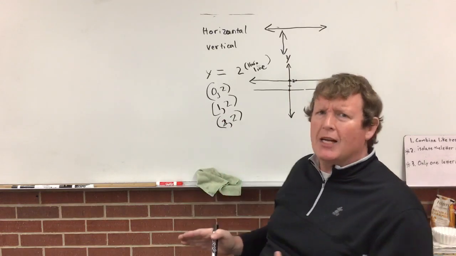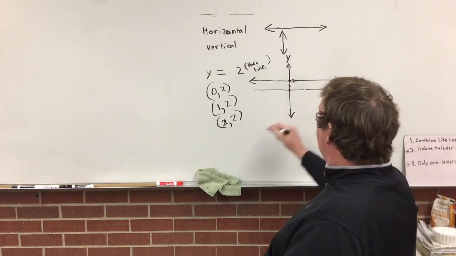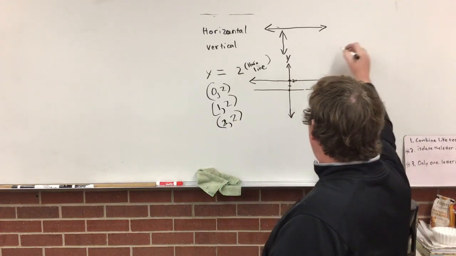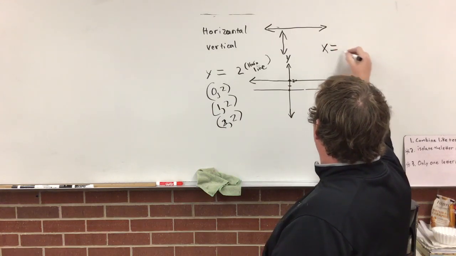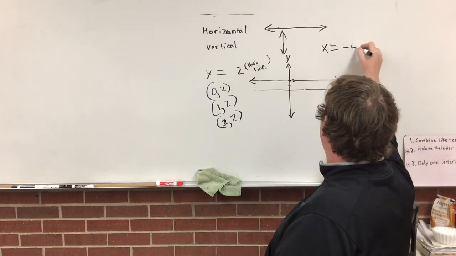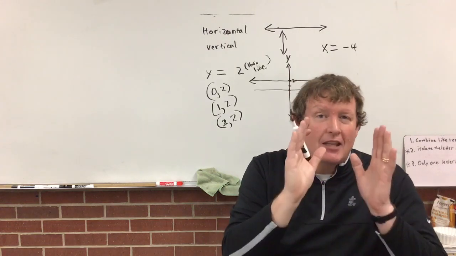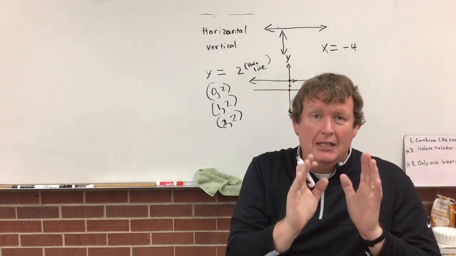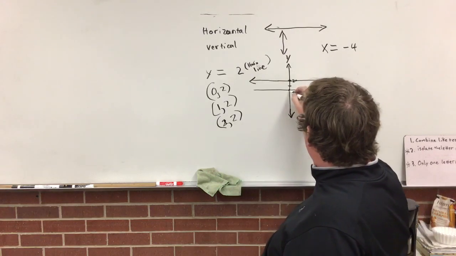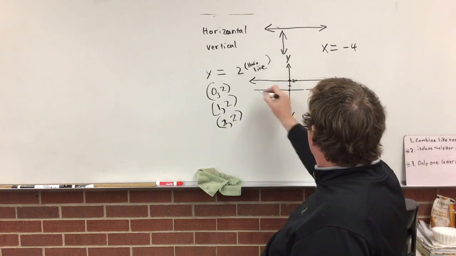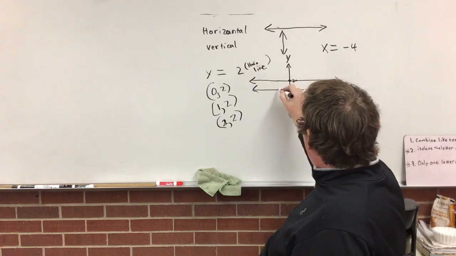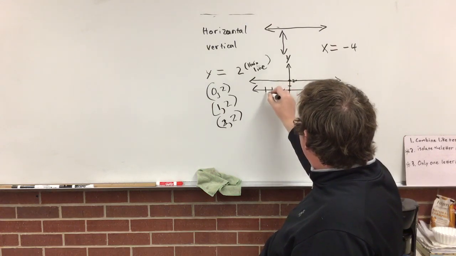Okay, so let's talk about the flip side. What if we had x equal a number? Let's go x equals -4. Now we're saying that the only thing that x can be is -4. Well, let's go on our graph and put it there. So we got -1, -2, -3, -4.